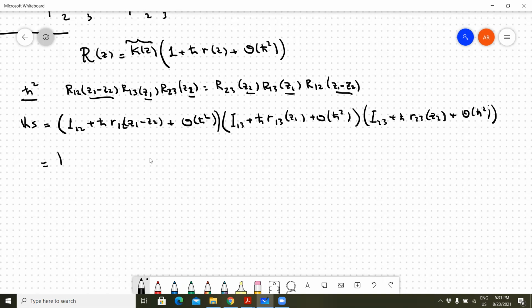Okay, so in order 0 in h bar, you only have this when the identities all multiply themselves.